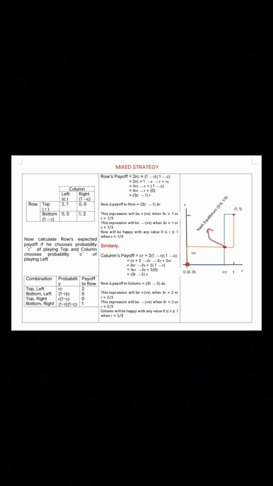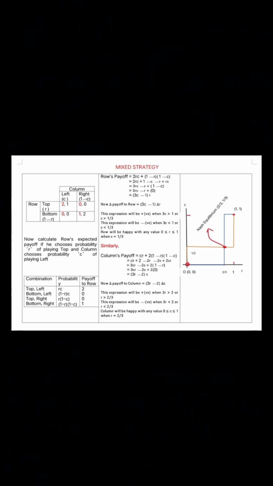In other words, we multiply the third column by the second column and add it all together. Then we will get row's payoff.